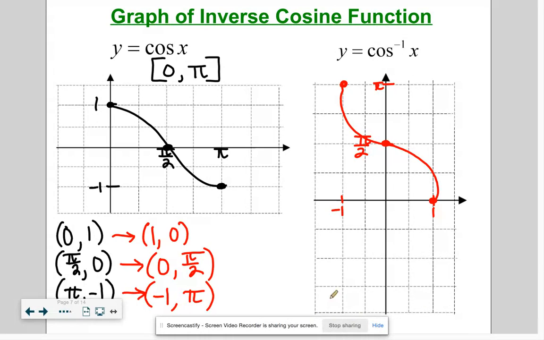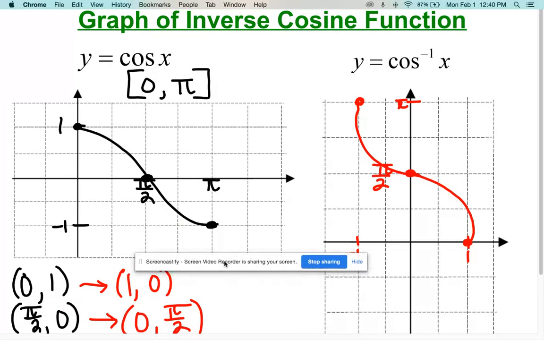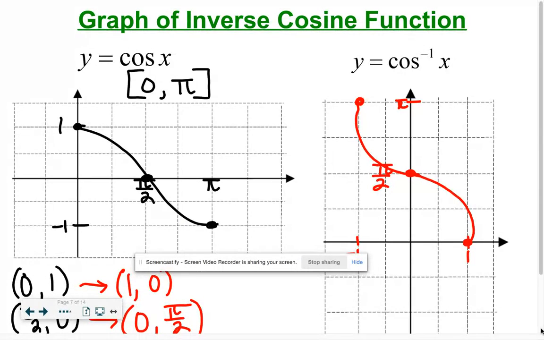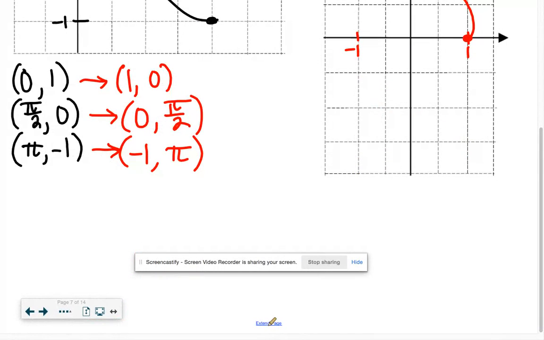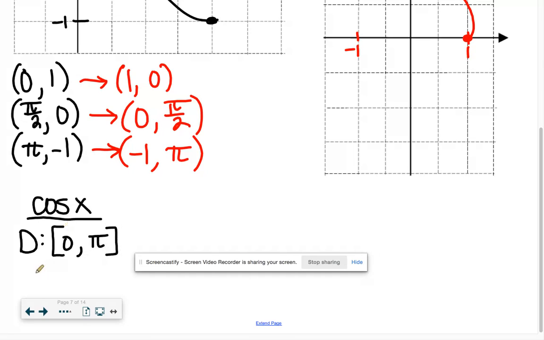Again, remember, it's super important that you remember the domain and range, okay? Because that's the piece that is pretty critical with what we are doing. So let's make a list down here like we did before. For regular old cosine, the domain for the restricted one anyway is 0 to pi, and the range is -1 to 1.